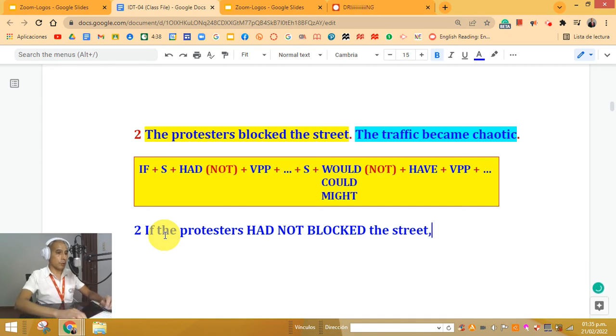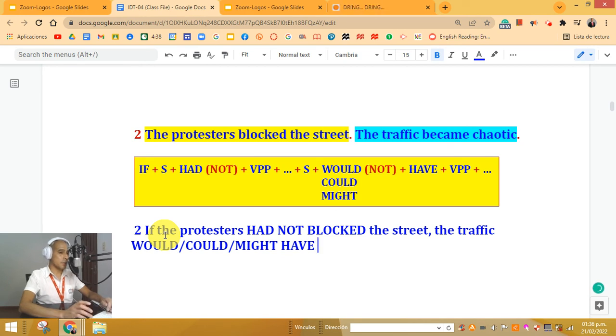Okay, I need a comma, remember? I copy the subject, the traffic. Remember, here I have three options. Which is the first one? Do you remember? Would. The other one is could. And the other one is might. Plus have, plus the verb in the past participle.